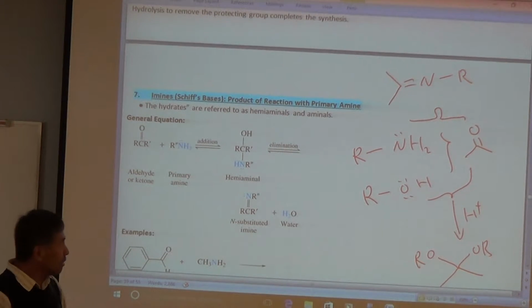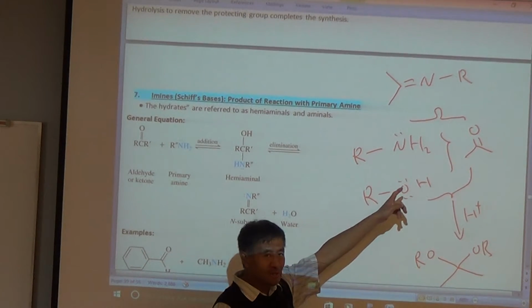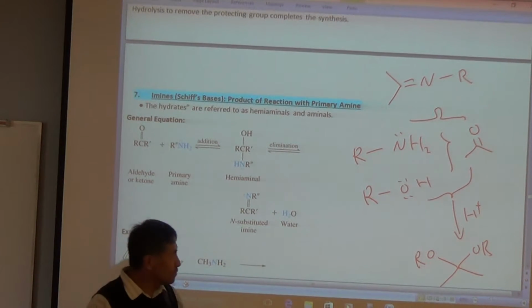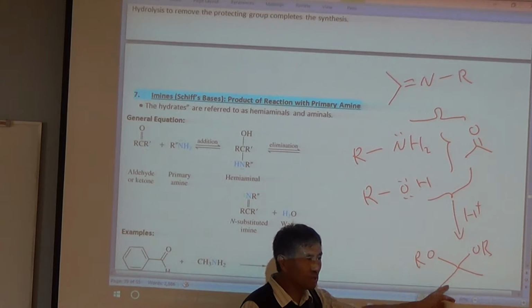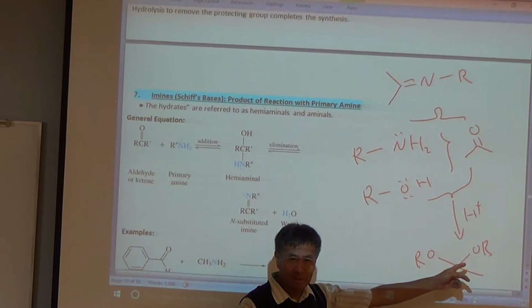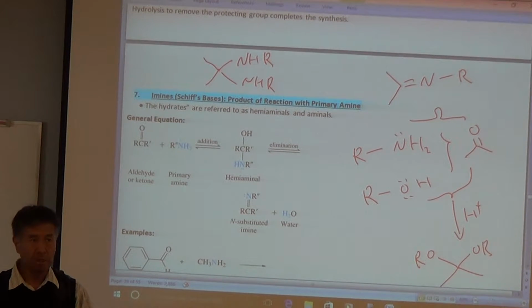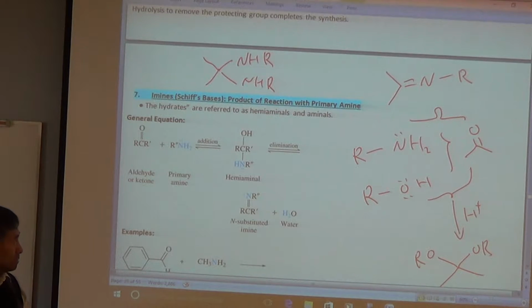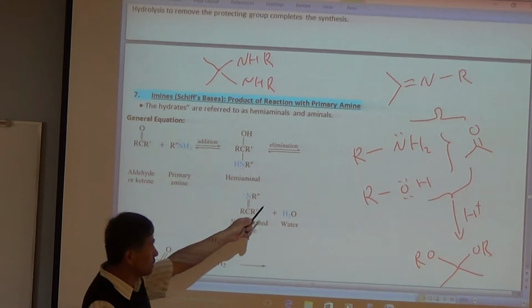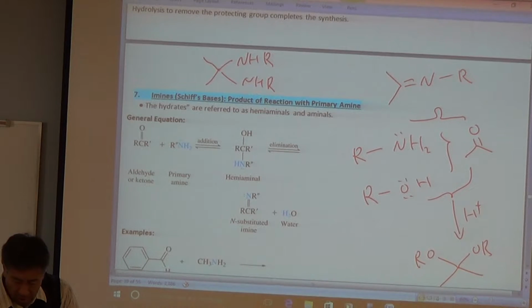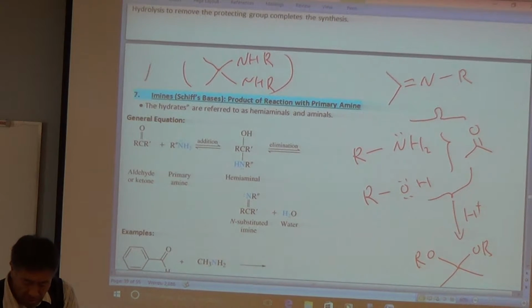If you take two of those primary amines with a ketone, very similarly to taking two alcohols adding onto your ketone, you would have two single bonds from C to N, right? So you would produce something like this: NH R, NH R. This did not happen, so you did not produce that.